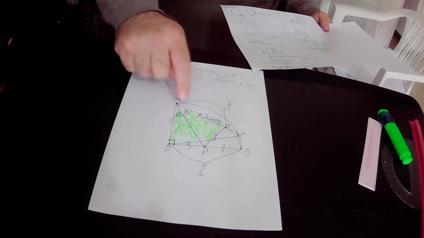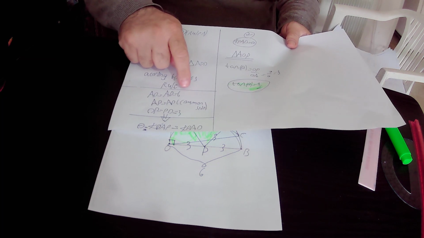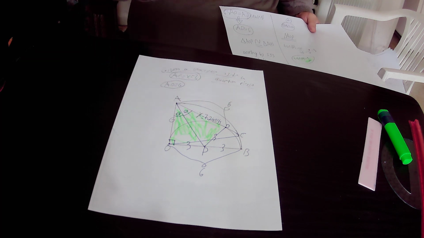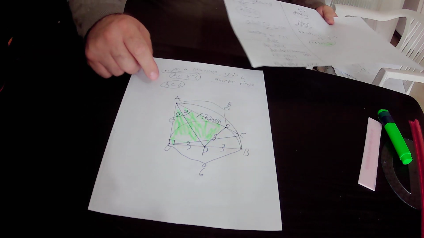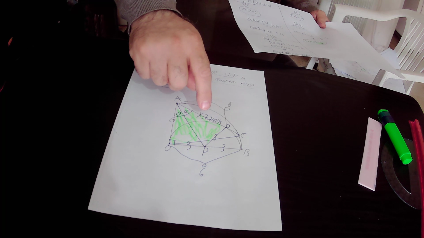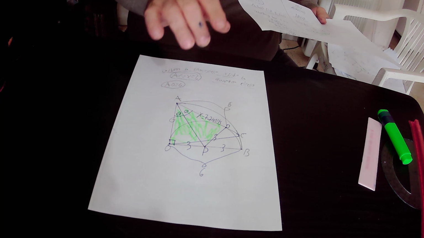AP is a common side that belongs to both triangles, so AP equals itself. And OP equals PD equals 3 units, the radius of the semicircle. So all the sides of triangle AOP equal all the sides of triangle ADP. Therefore, those two triangles are congruent according to the side rule.